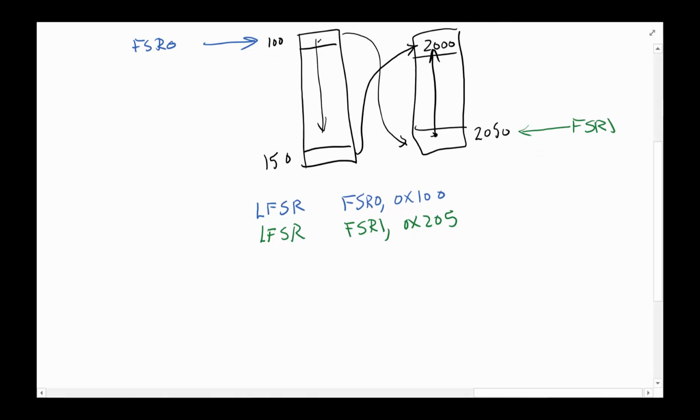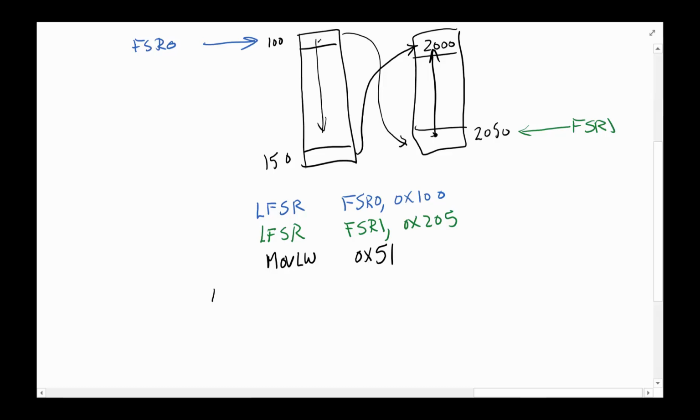So I'll do movlw, and I say, okay, there is 51 hex locations, because I go from 100 to 150, so that's 51 locations. So I'm going to put that in there.